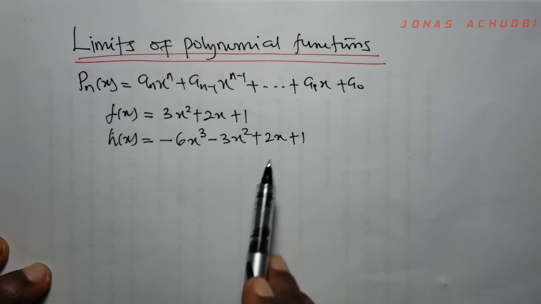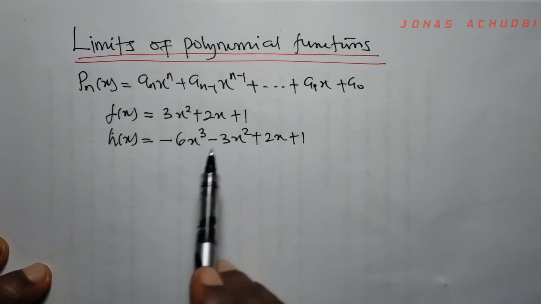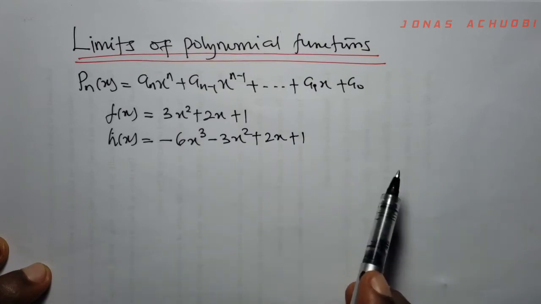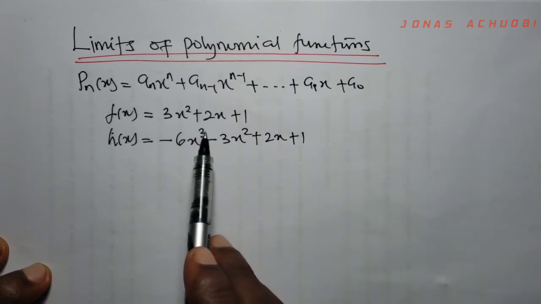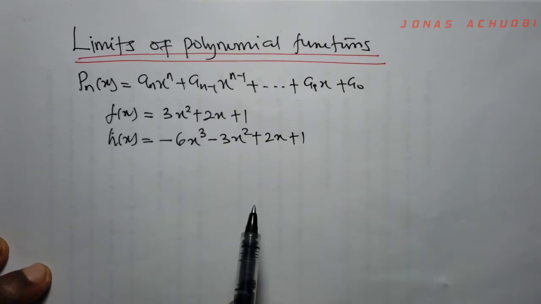So we observe that for polynomial functions, the powers of x are either increasing or decreasing, as the case may be. But these powers of x are not going to be negative and also not fractions.